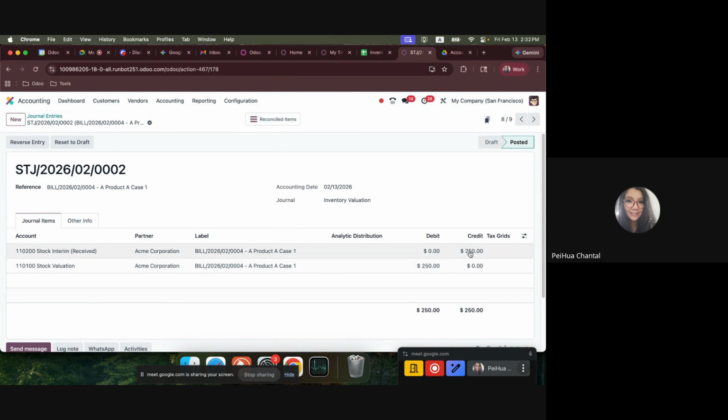Since your bill is a higher value than the purchase order receipt, we are respecting the bill by increasing your stock valuation, hence it becomes your cost of goods sold in the future. If your bill is cheaper, if you got some discount or a credit note, it will reduce your stock valuation account, so it will be debiting this account and crediting this.